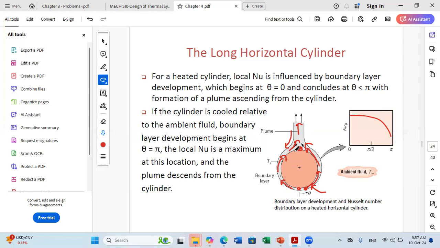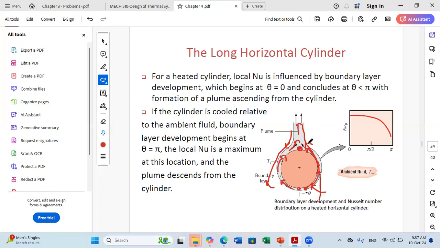Particles in the vicinity of the cylinder will be at a lower temperature, so higher density, and whenever you have particles of high densities, they tend to move down. So in the opposite scenario, you will have downward motion of air instead of upward motion of air.